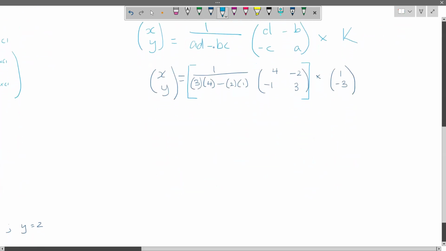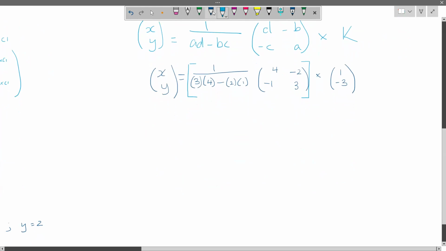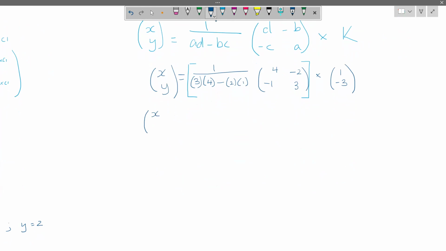So let's do that, line by line. The things that are not being used, we're writing them back. So these things here are not being used. Inside of here is what I'm working on. I could work out this here. So 12 minus 2.